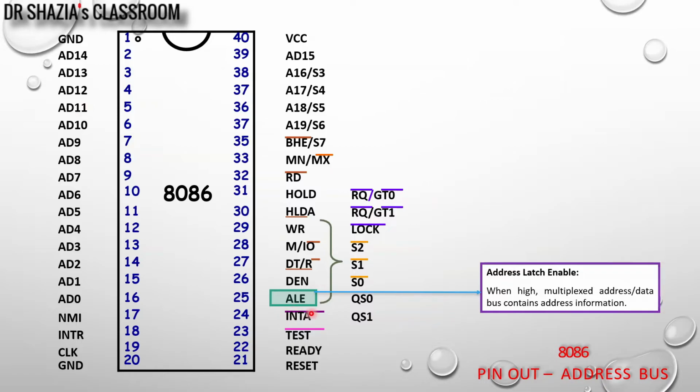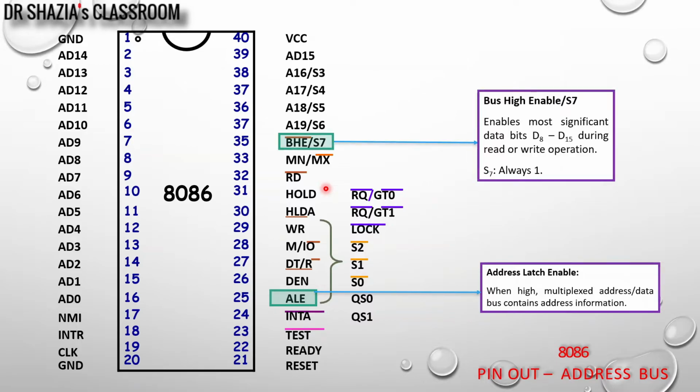How ALE operates and how it demultiplexes address from data and status, we'll see in the next slide. This is done with the help of a latch. We'll first see how the latch works, and then we'll see how it is used to separate the address from the data and status signals.